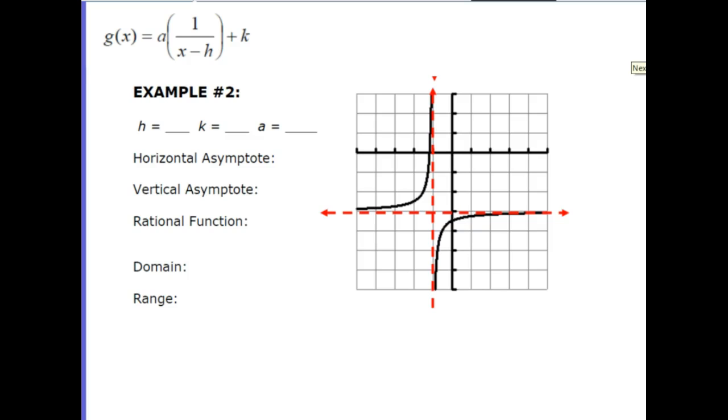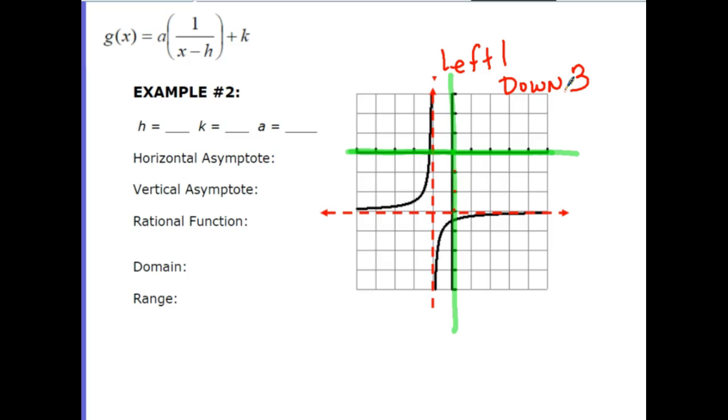Example number 2. The parent graph has asymptotes right here. That's the origin, and so that's where the parent graph has the asymptote, and this asymptote has been moved left 1 and down 3.